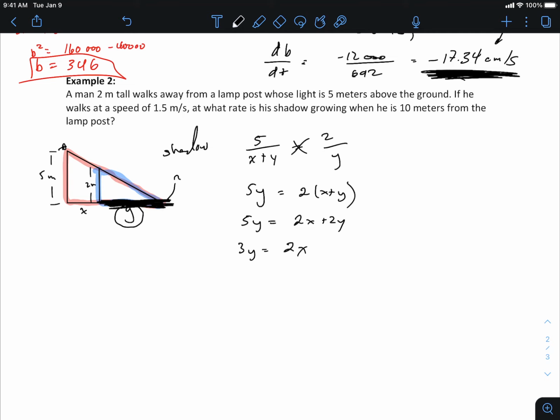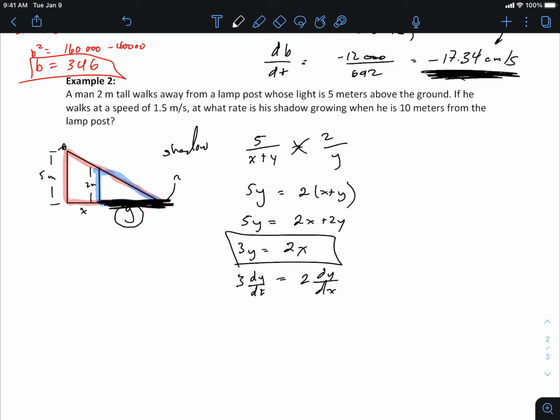If I derive this equation implicitly with respect to time, we're going to see the derivative of 3y is going to be 3 dy by dt, and that has to equal 2 dx.